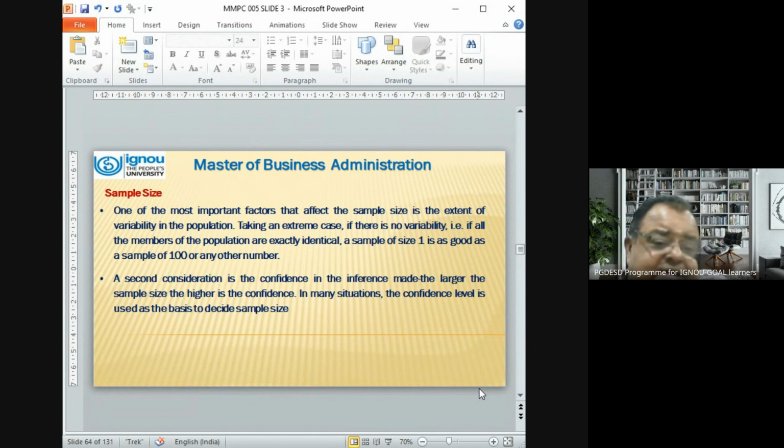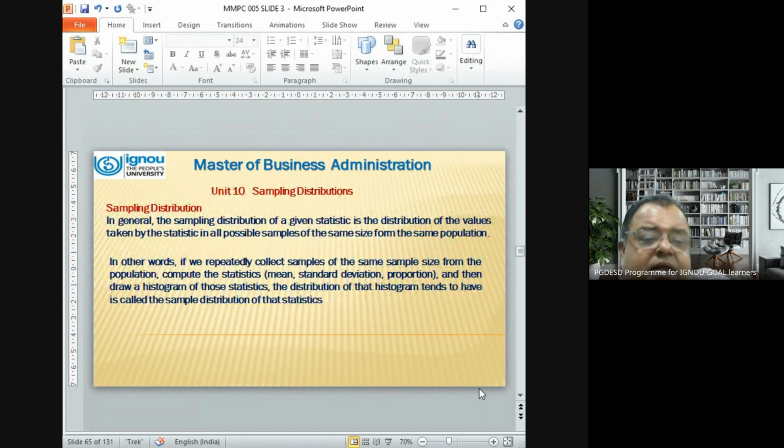A second consideration is the confidence in the inference made. The larger the sample size, the higher is the confidence. In many situations, the confidence level is used as the basis to decide sample size.